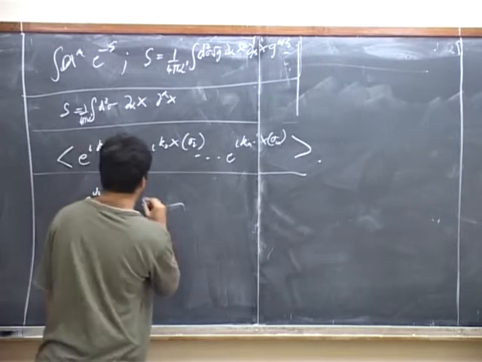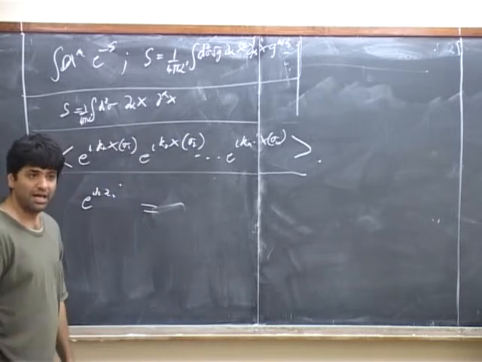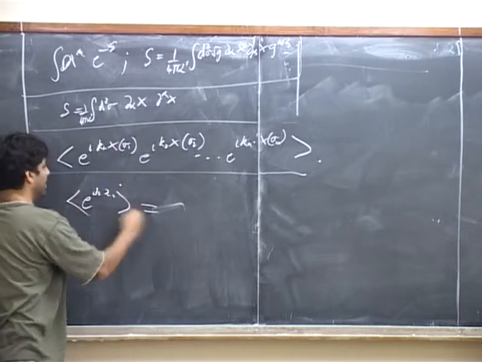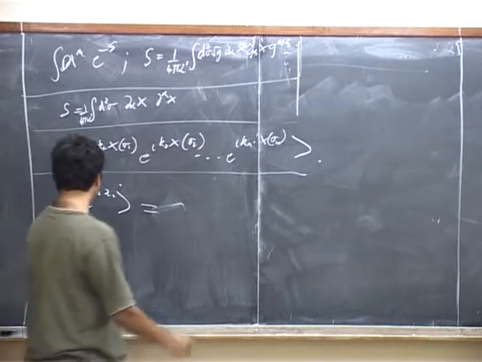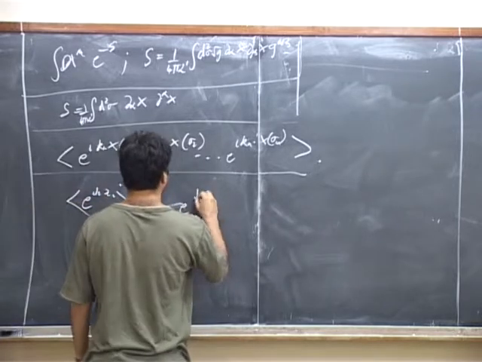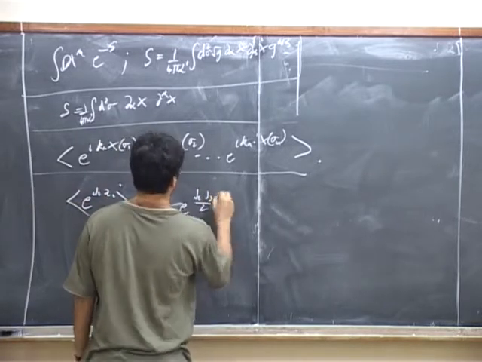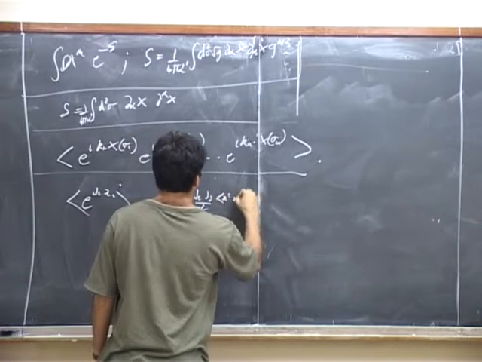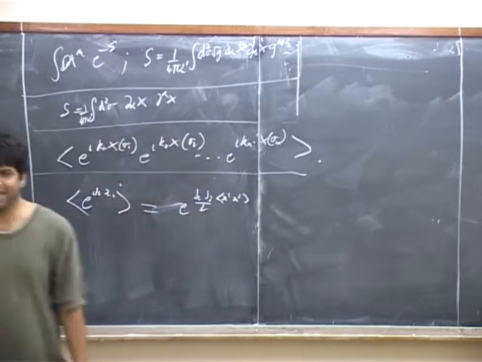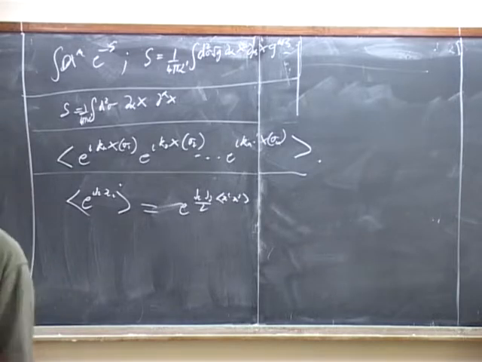There's a general formula for this expectation value with the Gaussian measure, and the general formula is just e to the power ji jj by 2 times the expectation of xi xj, where the expectation of xi xj is the 2-point function of xi xj in this integral.